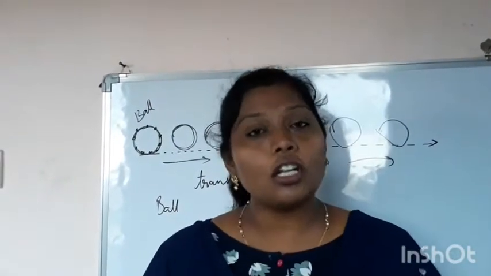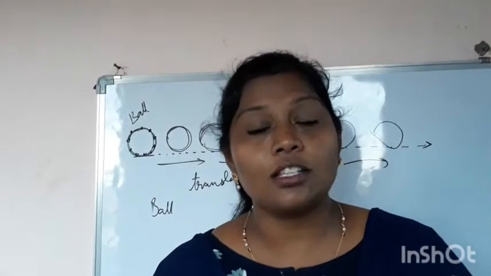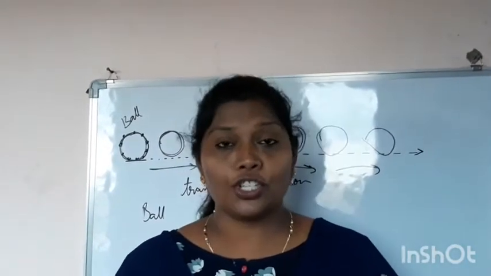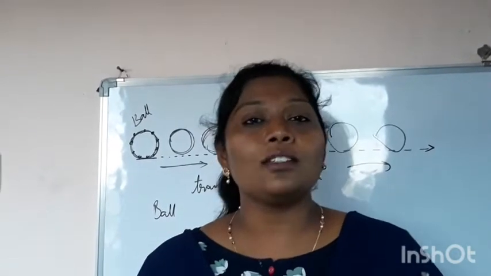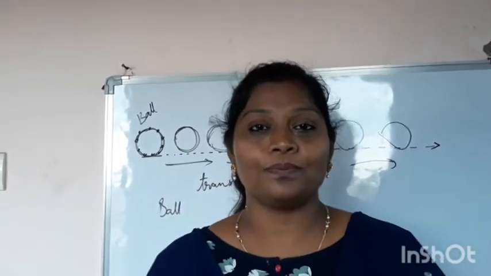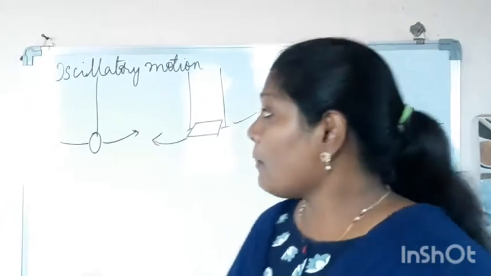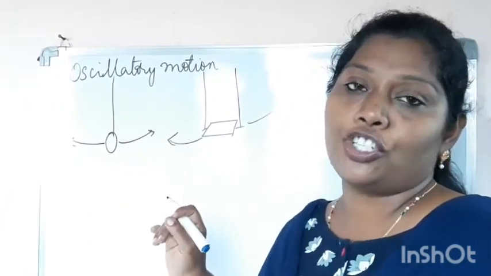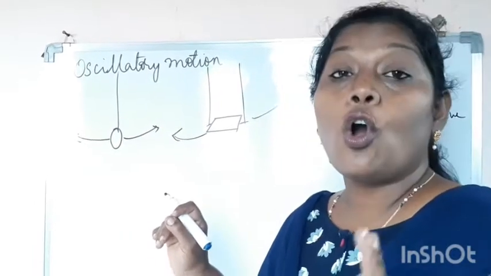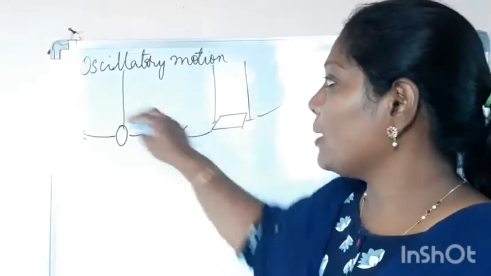Now we will move on to the next motion, that is called as oscillatory motion. Okay children, oscillatory motion. Give me a moment so that I can come back to you. Okay children, we'll come back to another motion that is called as oscillatory motion. Repeat it children, oscillatory motion.